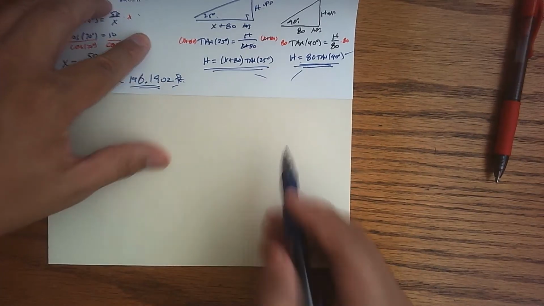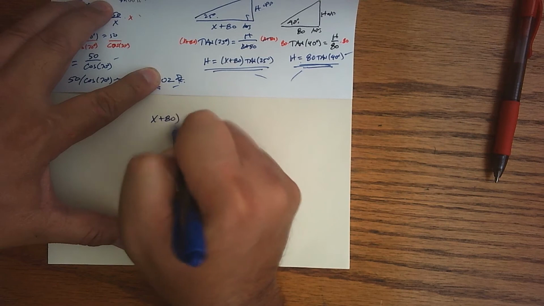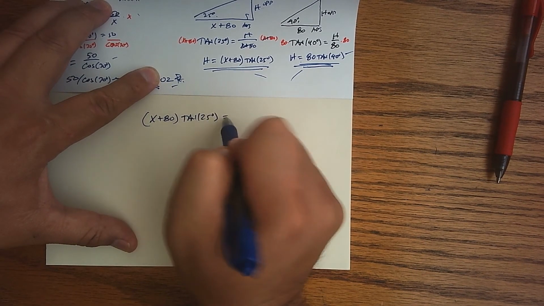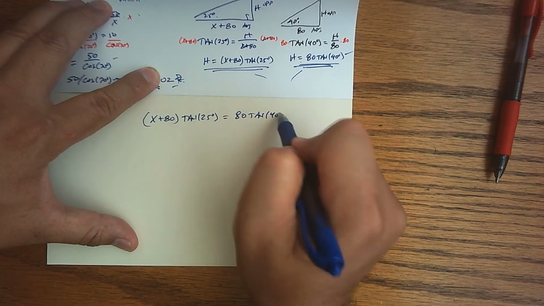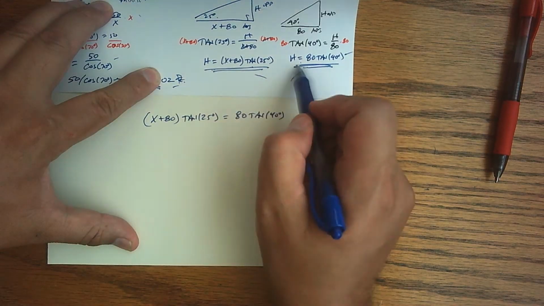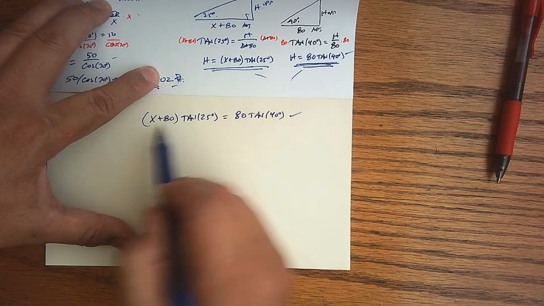If we put these together, we're saying that x plus 80 times the tangent of 25 degrees is equal to 80 times the tangent of 40 degrees. If h is this, then h is that, which means they're equal. So unlike the last one, we only have one x to solve for.